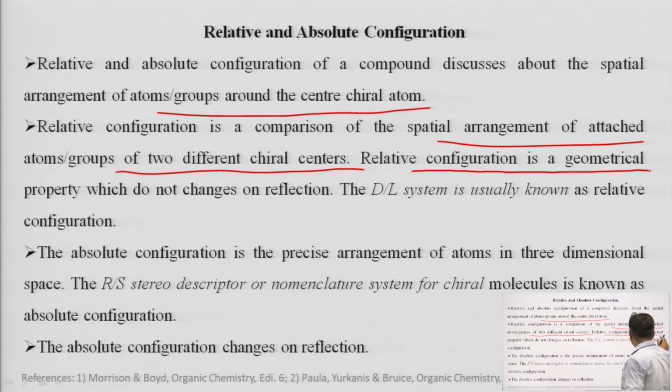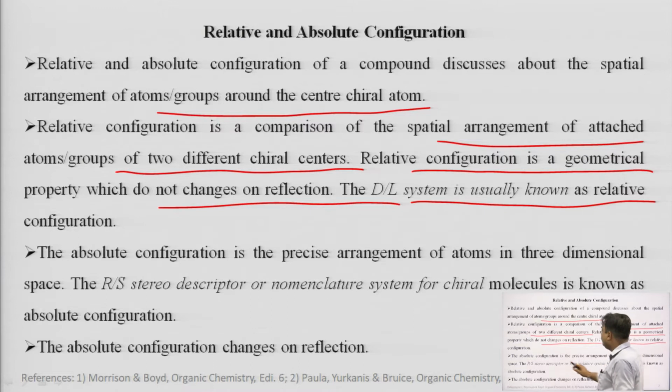Relative configuration is a geometrical property which does not change on reflection. The DL system is usually known as the relative configuration, because we relate the configuration of one molecule with another molecule.